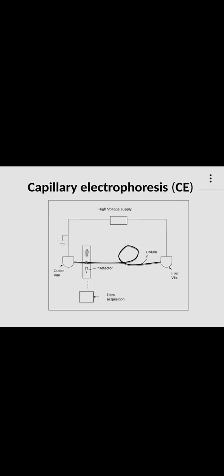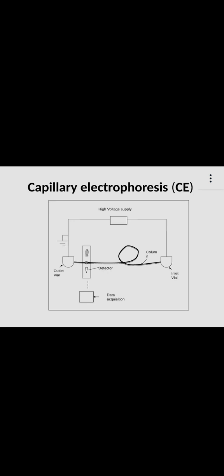Capillary electrophoresis has a high resolving power, and it's also a very fast process. It can accommodate different types of samples and can be easily automated.